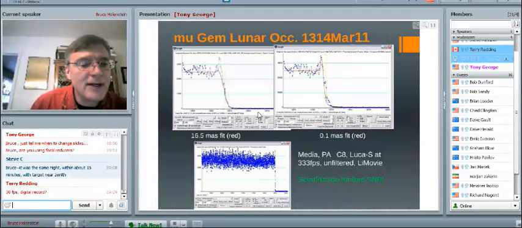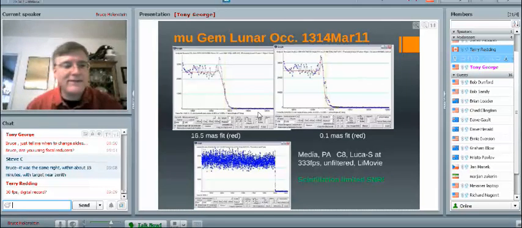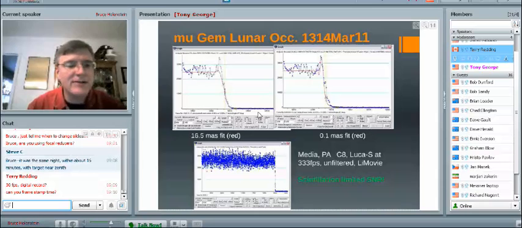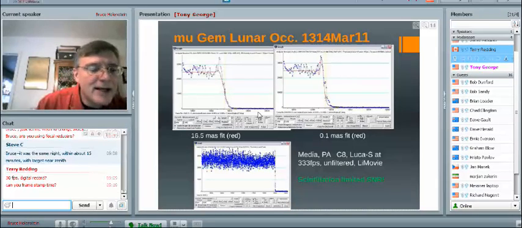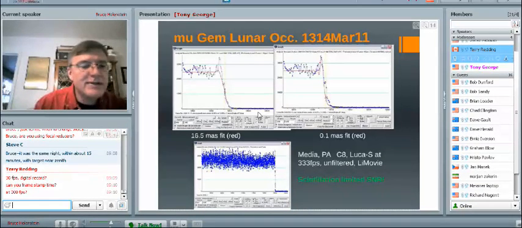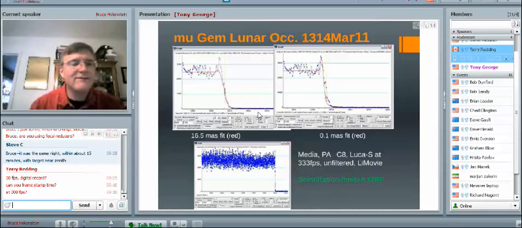Was it the same night, within about 15 minutes, with the target near zero? It was the same. Sorry, Steve says that for that previous slide, it was the same night with about 15 minutes between the measures. And then Terry asked, 30 frames per second digital record, can you frame stamp the time at 300 frames per second?